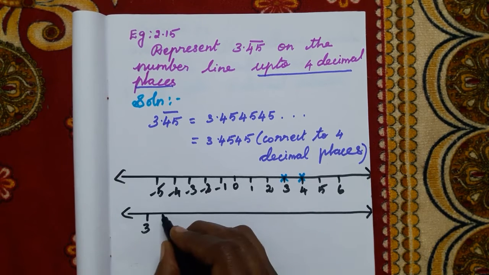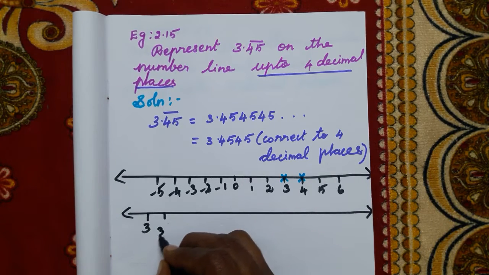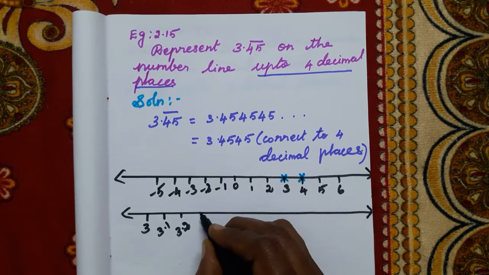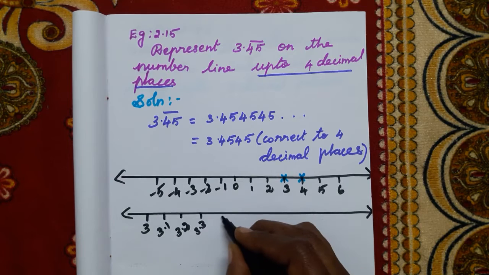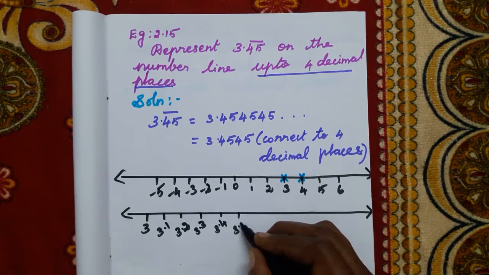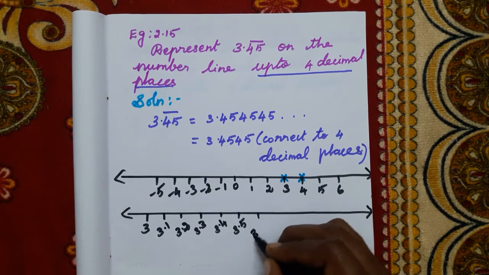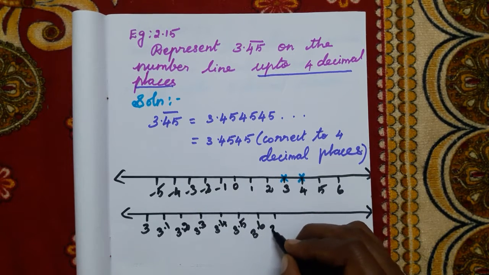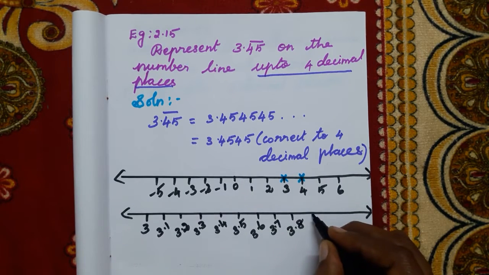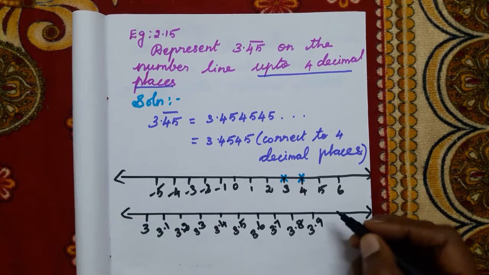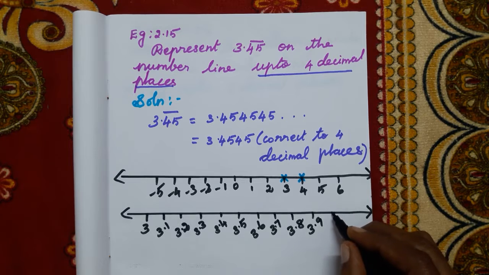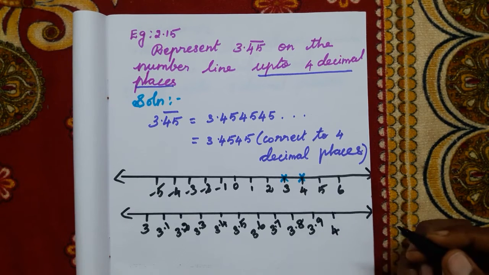After 3, we have to write 3.1, 3.2, 3.3, 3.4, 3.5, 3.6, 3.7, 3.8, 3.9. Yeah, very good. After 3.9 we have to write 4.